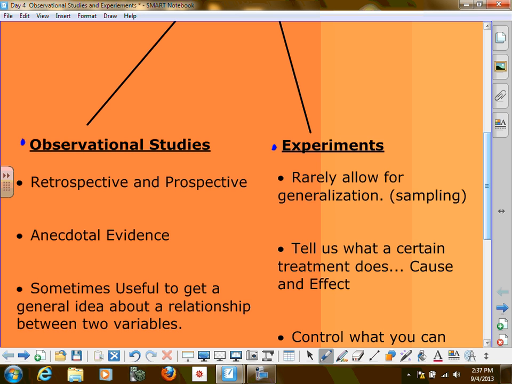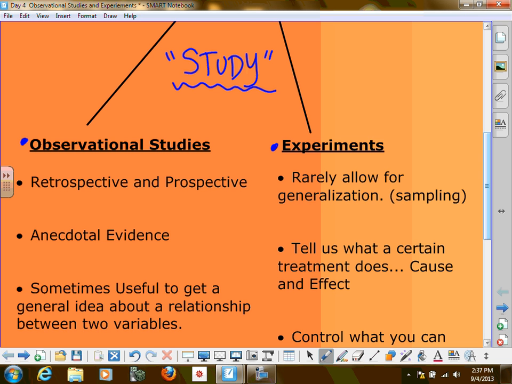They called it, quote unquote, a study, and in this case it was an observational study, but when the general public uses this word study, it is a generic word for either an observational study or an experiment. So you need to know the difference between these two, and so here it is.